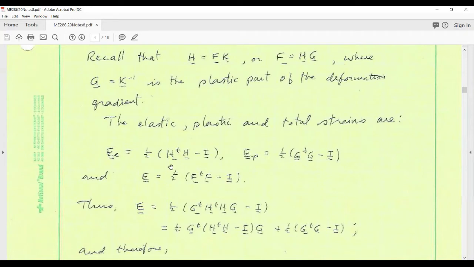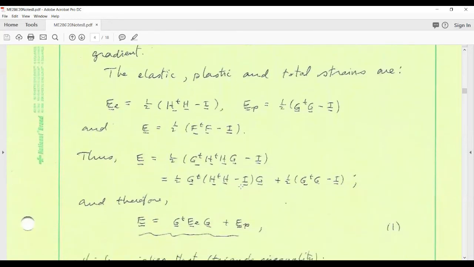And I'd like to figure out how those figure in the overall strain, which is a half F transpose F minus the identity. So that's very straightforward. F is H G, then F transpose is G transpose H transpose, then we have H G minus the identity. Let's factor out a G transpose on the left and a G on the right. That gives us the first term.